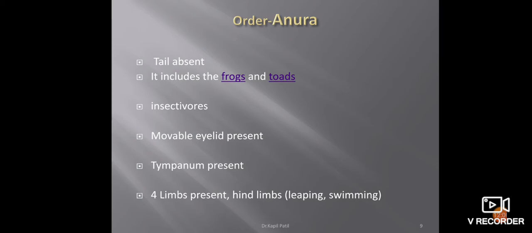Another order, Anura. Anura means tail absent. The best example is the frog. In a frog, the tail is present in the larval condition, but in the adult no tail is there. Body divisible into head and trunk. It includes frogs and toads.